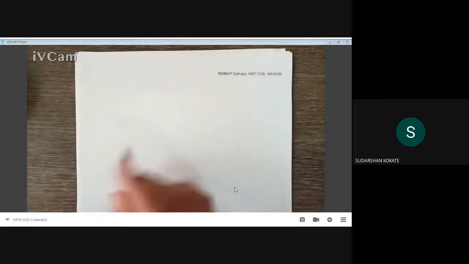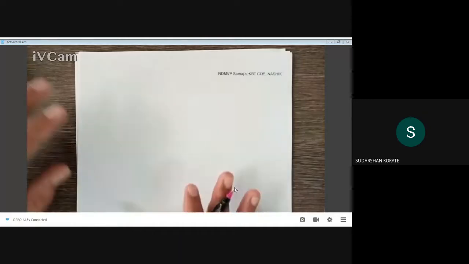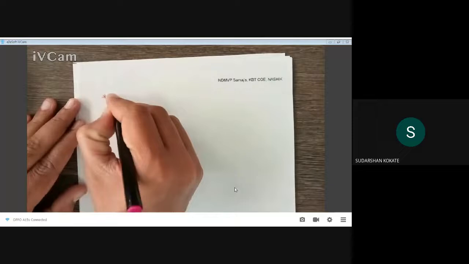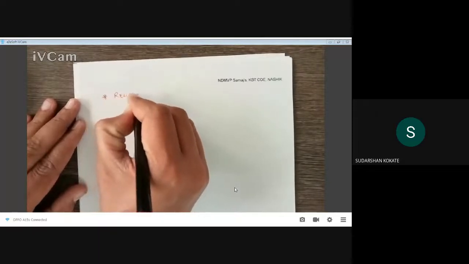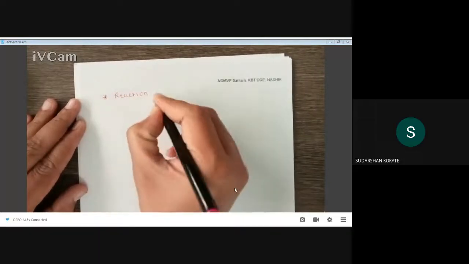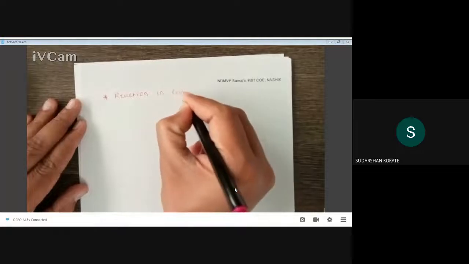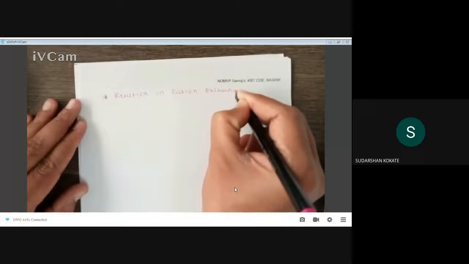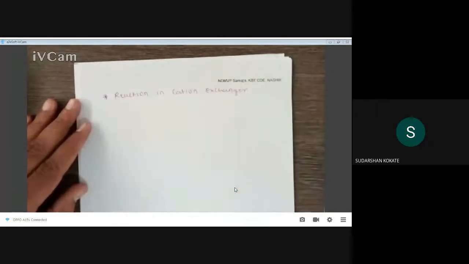Suppose the reaction in the cation exchanger chamber.